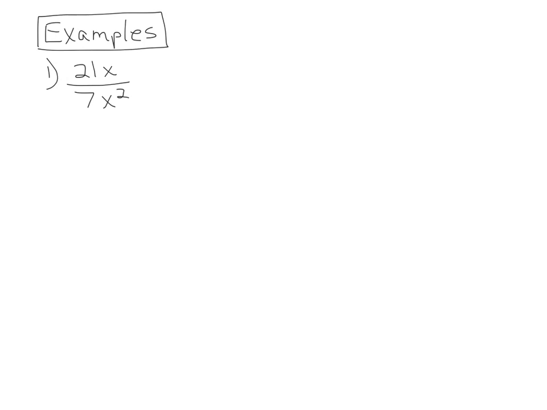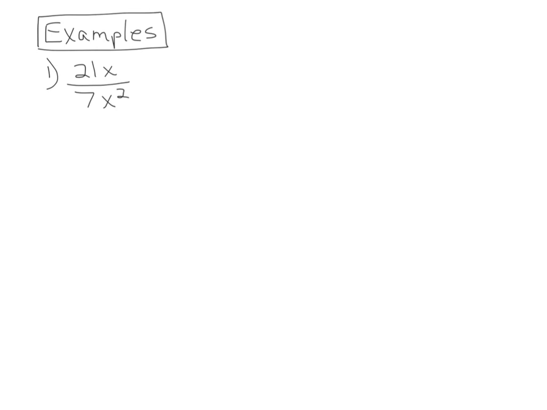Okay, factor first. Basically, this is already factored, because to be factored, it means everything's multiplied. So if you look in the numerator, you have 21 times x. And in the denominator, you have 7 times x squared.